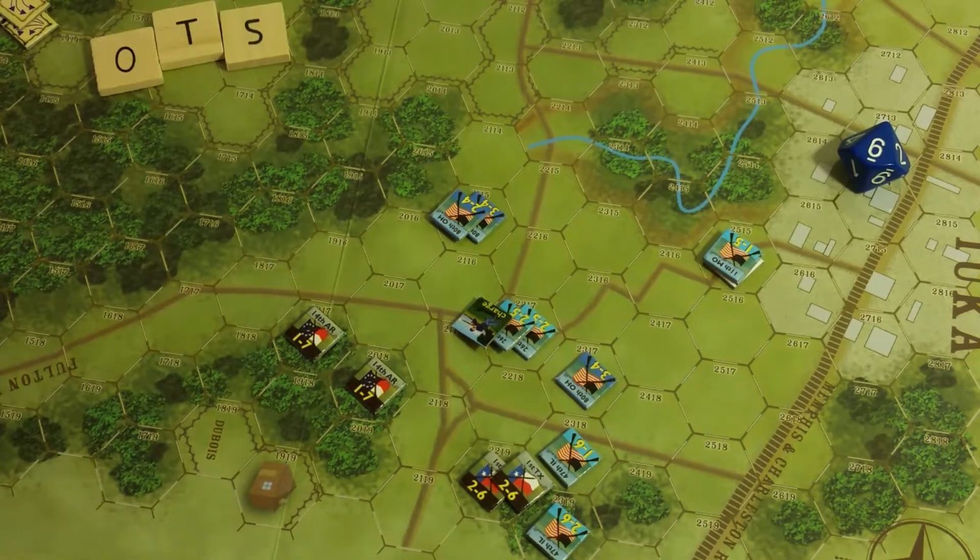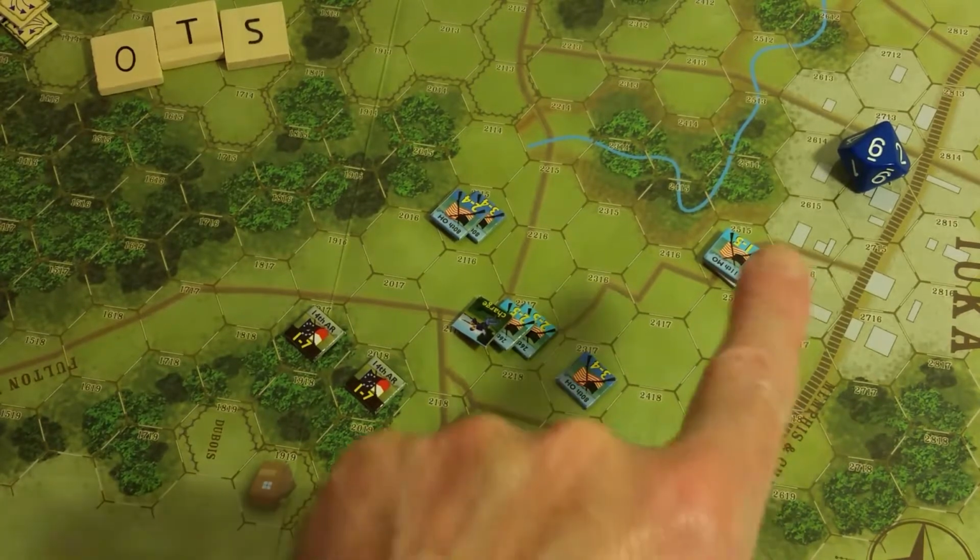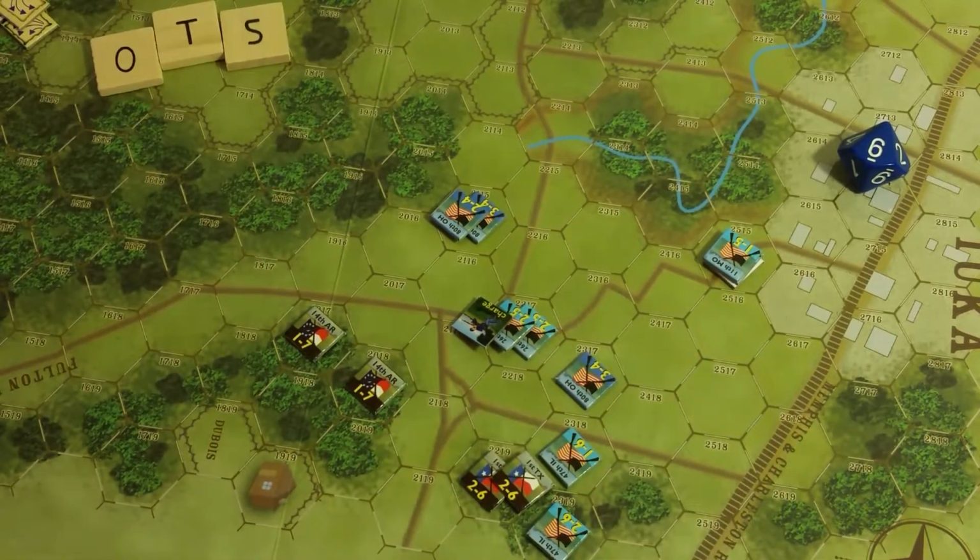Alright, some preliminaries. That actually helped me there. Which one am I looking at? Yeah, it's this one.